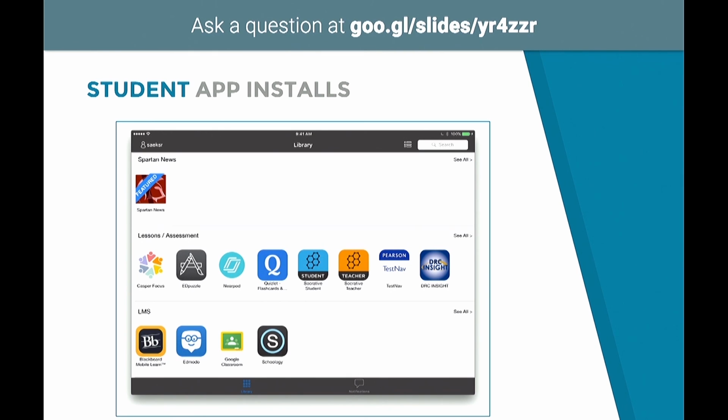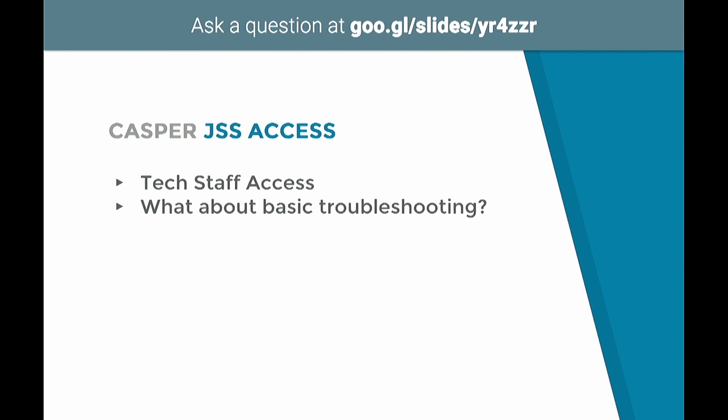We can kind of do it that way. So this one, again, uses VPP for purchasing content and assigning it to users as long as they have an Apple ID or devices. I know there was a question about device-based assignments, so I'll do that after this one. This is the last one I want to share.